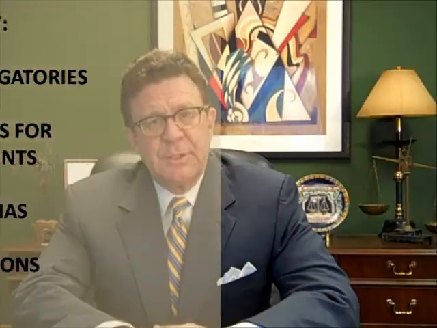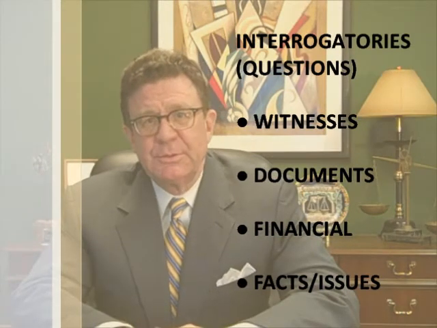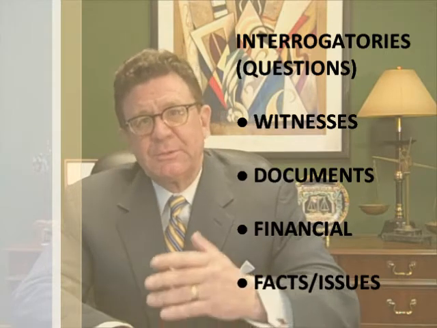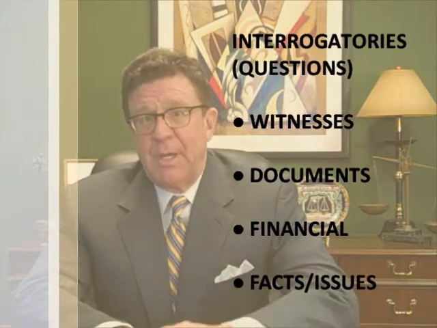It is typical for parties to serve upon each other questions asking who the other person's witnesses might be, what their documents might be, what certain financial matters might be, and what facts might be necessary for the pursuit of their claim. It is also typical for parties to request documents from the other side.